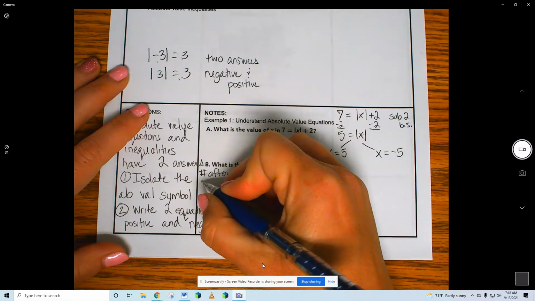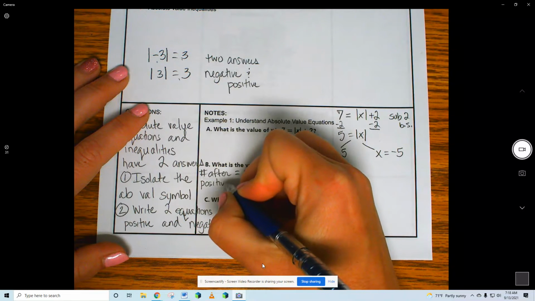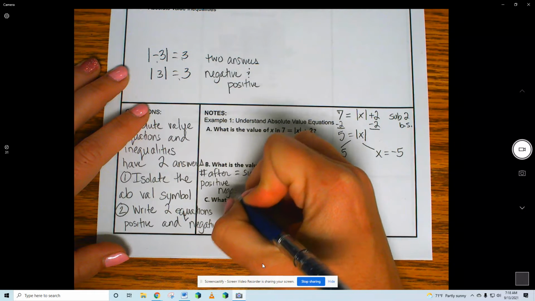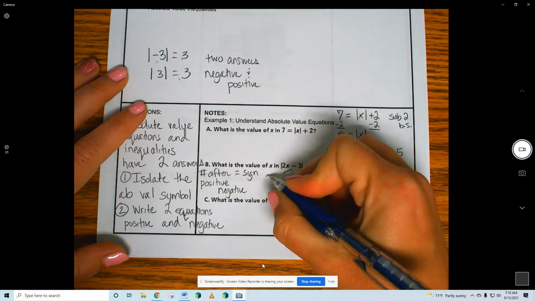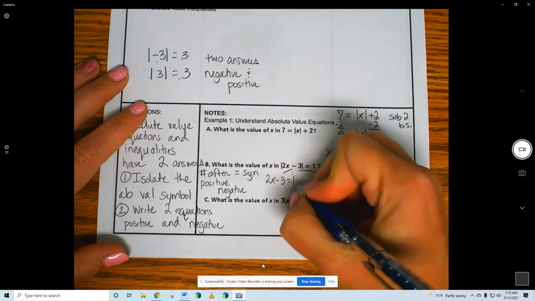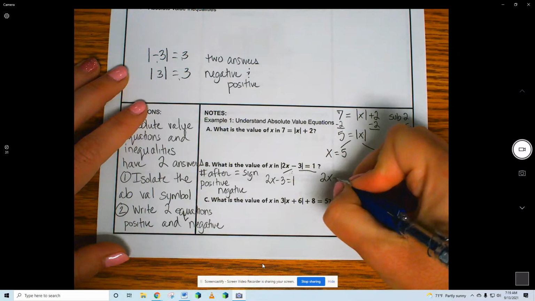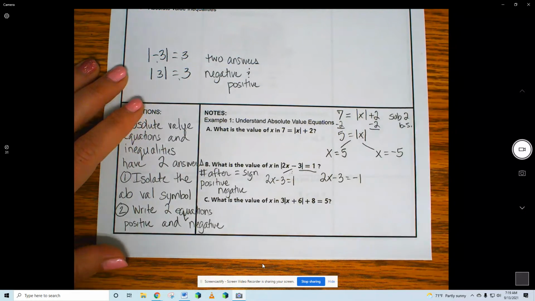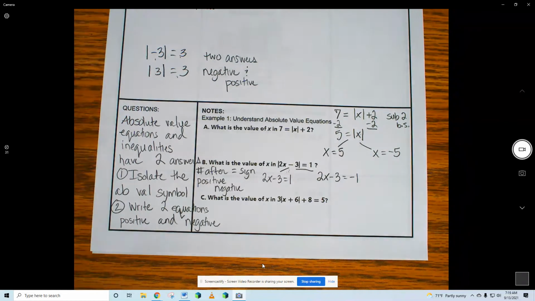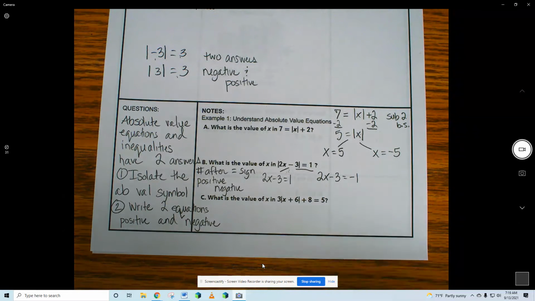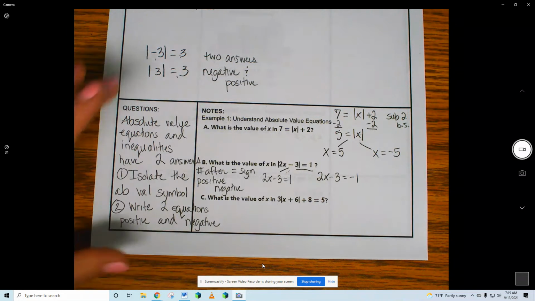I do a positive of it, and I do a negative of it. So I'm going to do 2x minus 3 equals positive 1, and 2x minus 3 equals negative 1. So it's always the number after the equal sign.